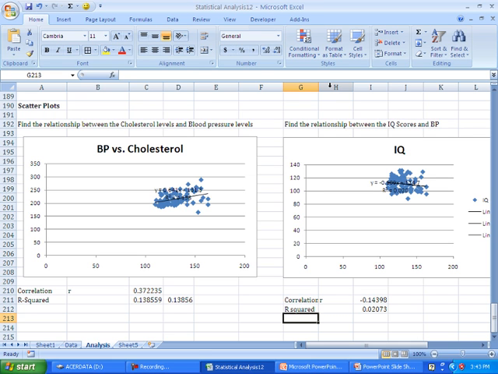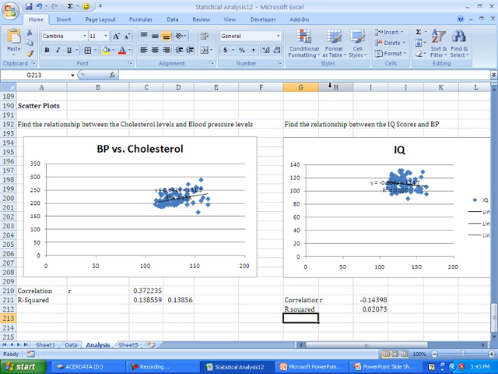So whenever we have two data to work with, if both of them are nominal or ordinal, which means both of them are categorical in nature, we can establish the relationship between them using the contingency tables as well as the side by side charts.